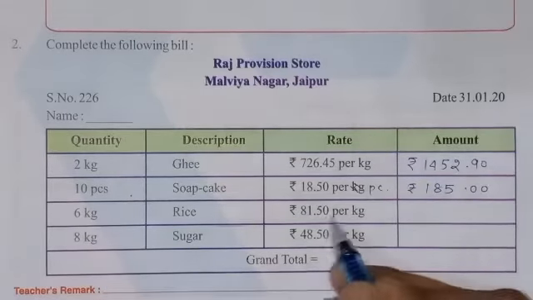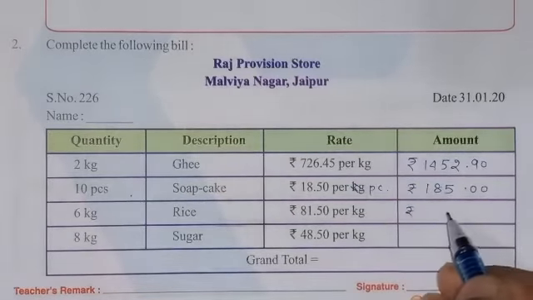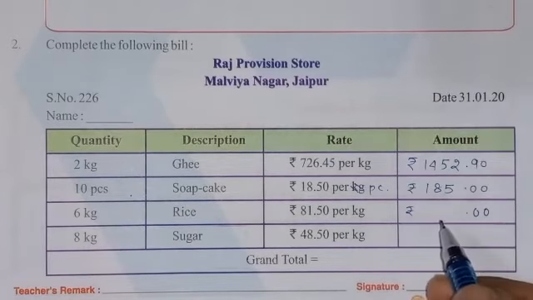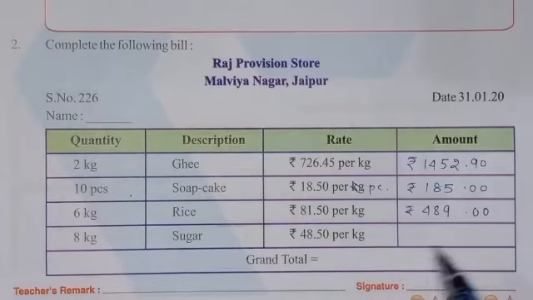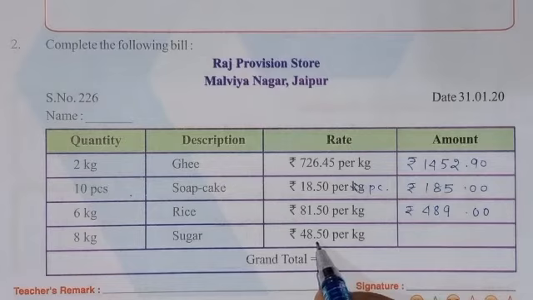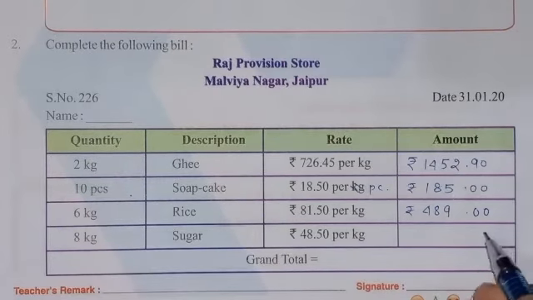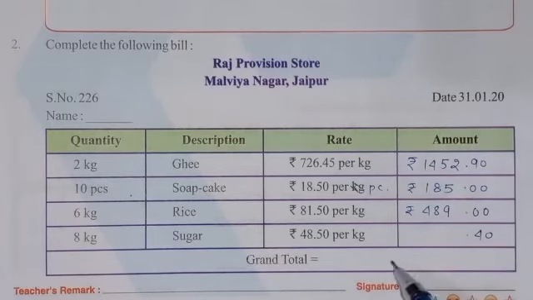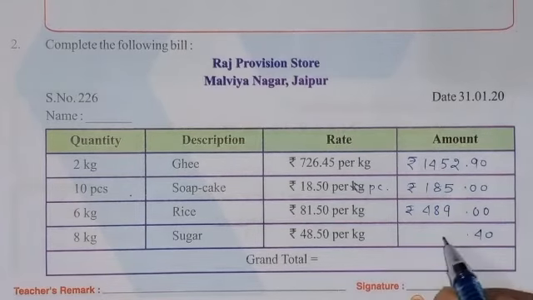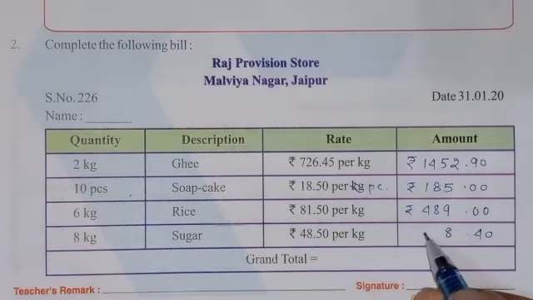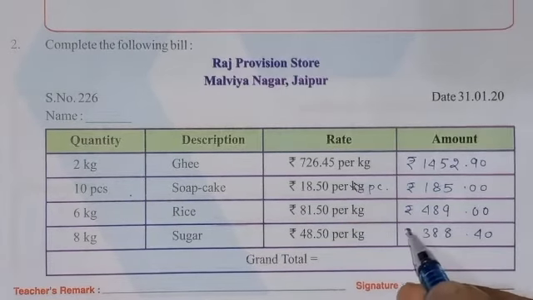So multiply these two numbers and write here. And last, the cost of sugar per kilogram is rupees 48.50 and we have purchased 8 kilogram. So multiply these two numbers. This is the cost of sugar.